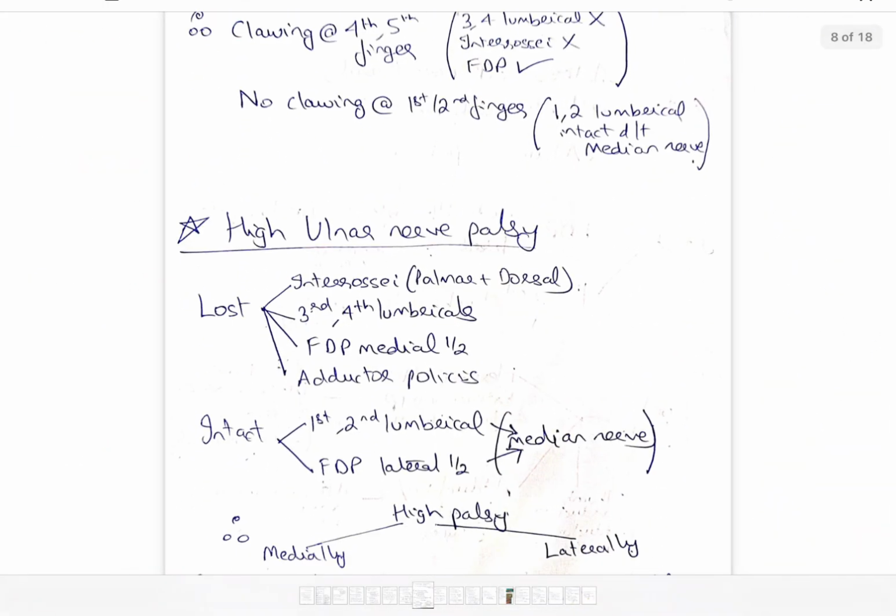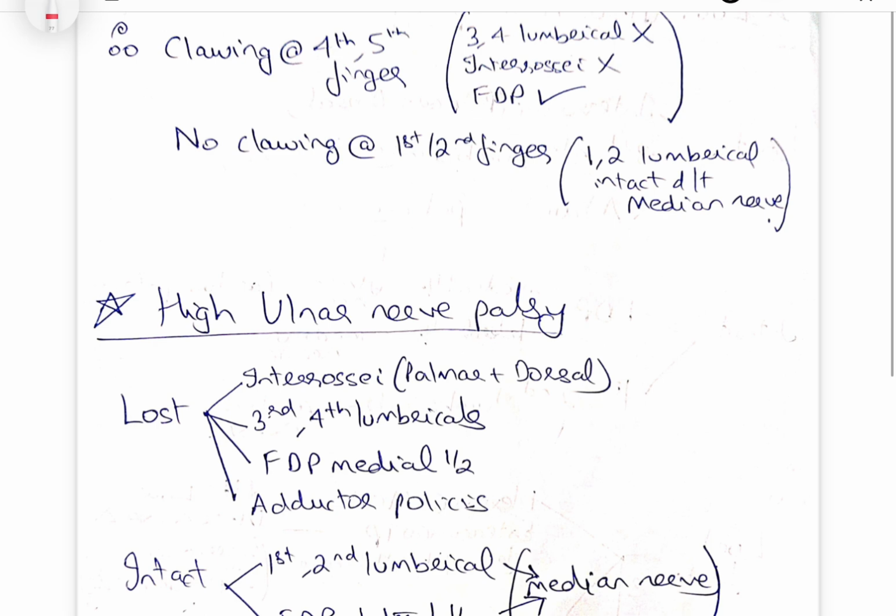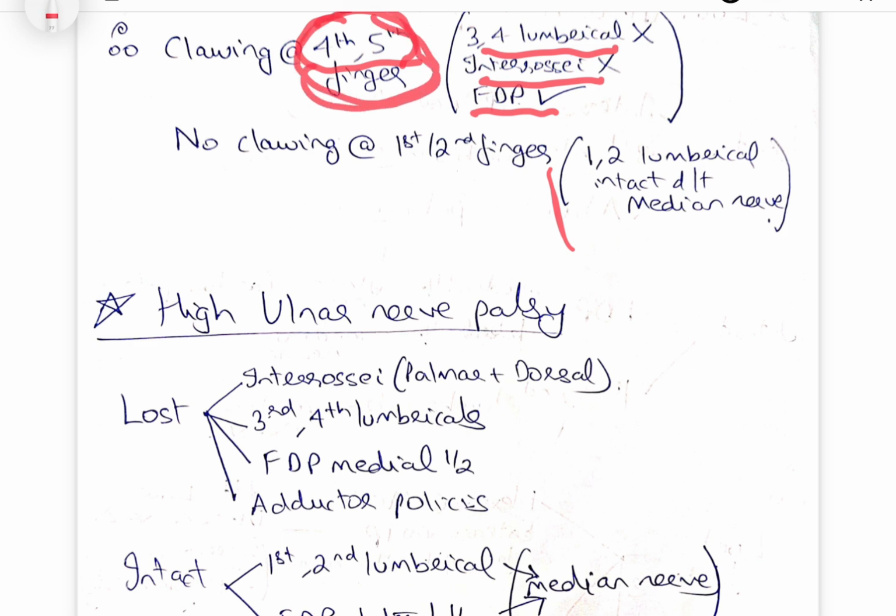So in low ulnar nerve palsy, because of this reason, the third and fourth lumbricals are lost, interossei are lost, but the long flexors, that is FDP, are intact. All this pathology occurs because of the third and fourth lumbricals. So clawing occurs at the fourth and fifth finger, but not at the second and third fingers. Am I making sense?